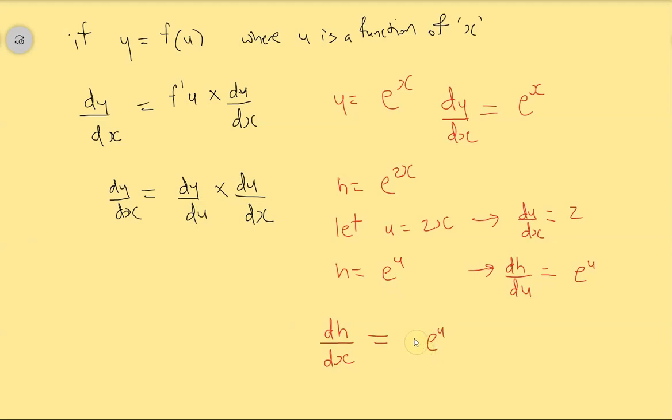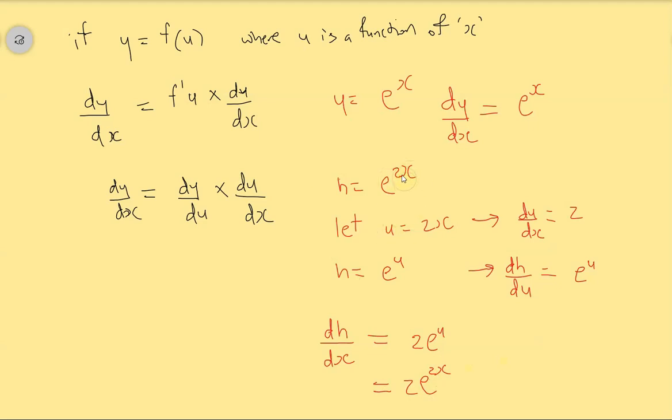Now du dx is just 2, so that's 2e to the u, and of course we substitute u for what we had originally, which was 2x, so the result is 2e to the 2x.